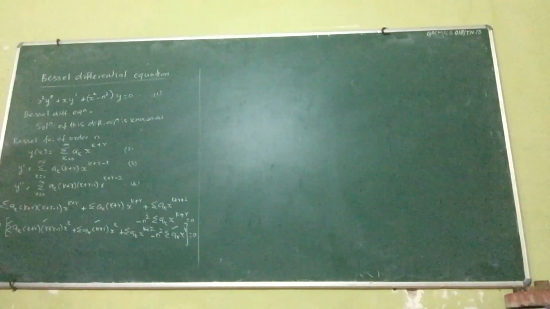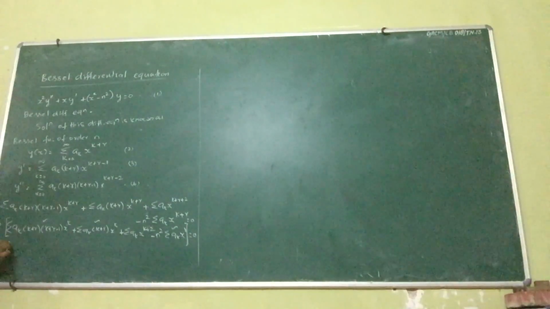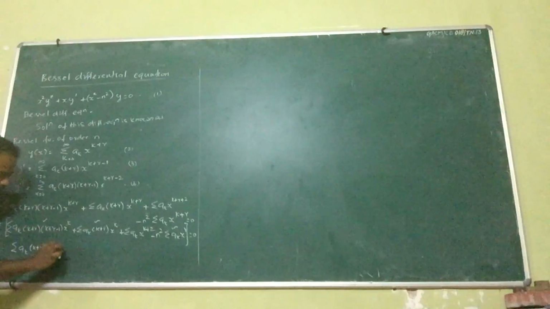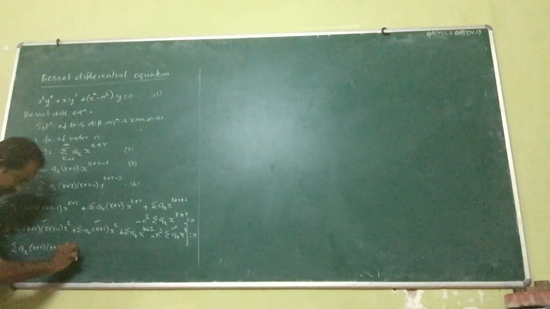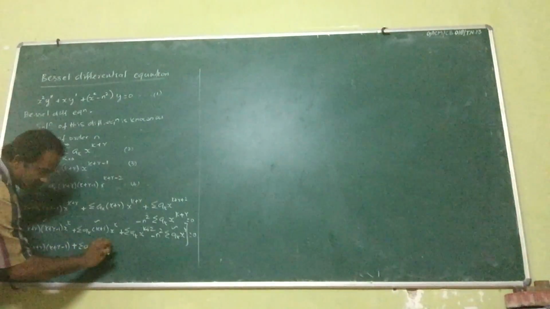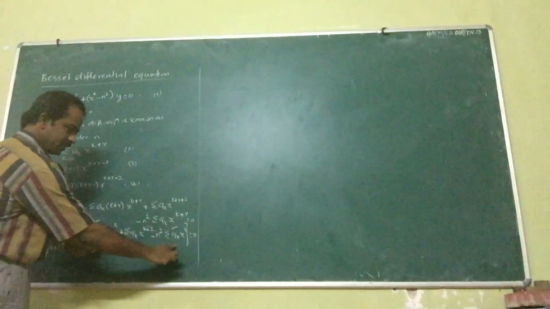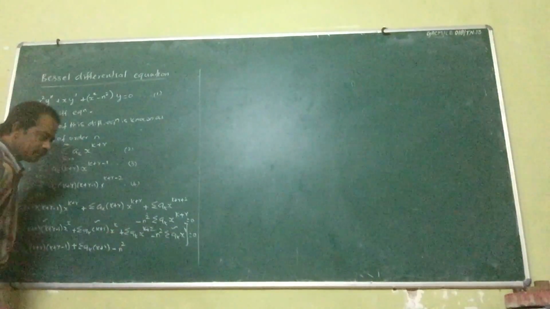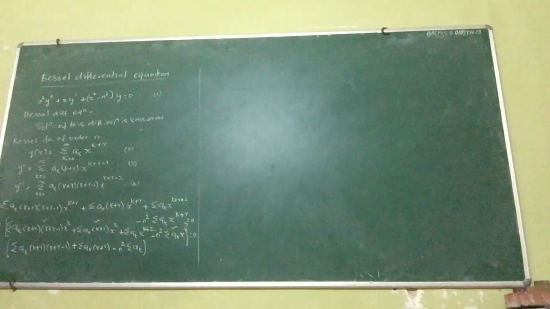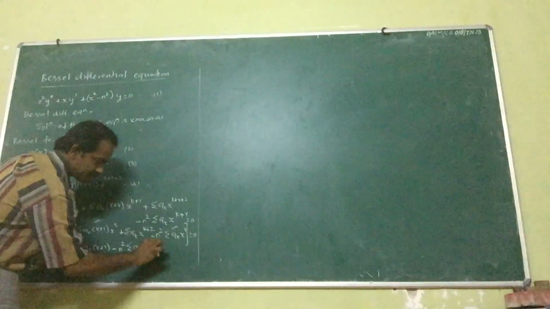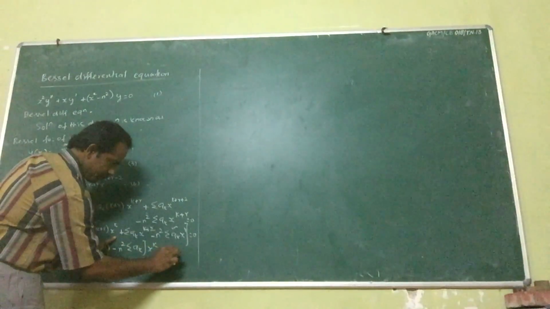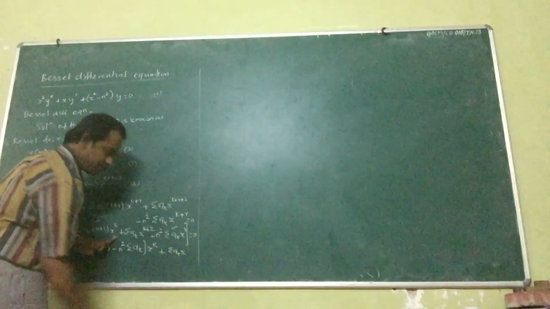We now have the sum of a_k (k plus r)(k plus r minus 1) plus a_k (k plus r) minus n squared a_k, times x to the power k, plus the sum of a_k x to the power k plus 2.